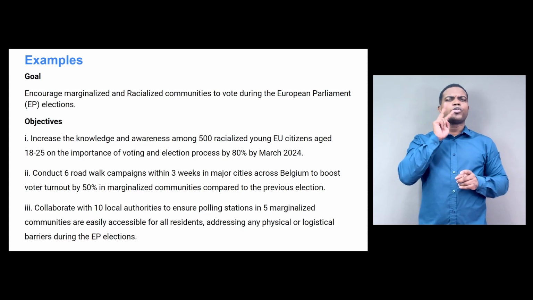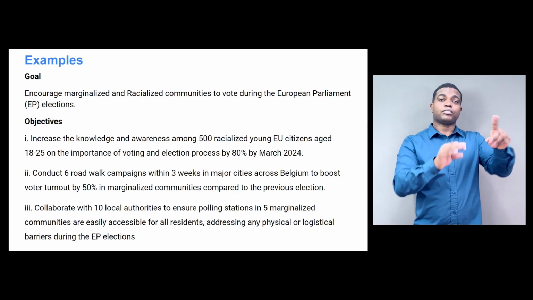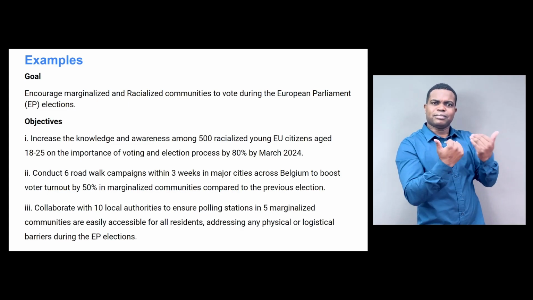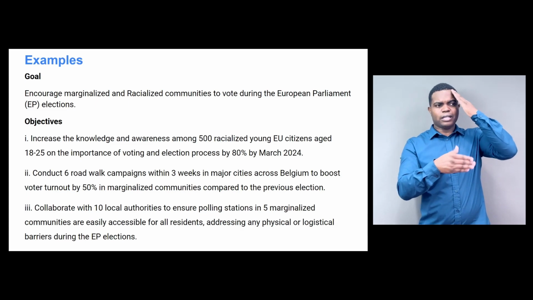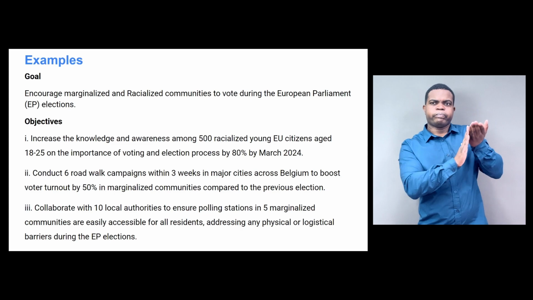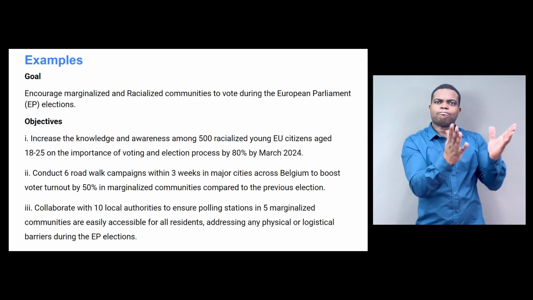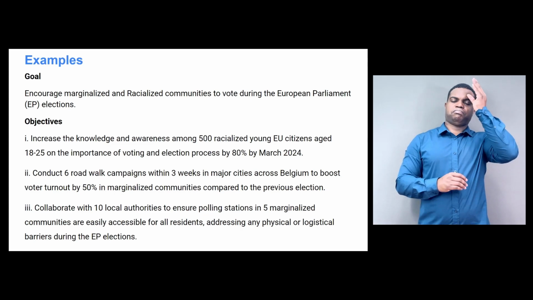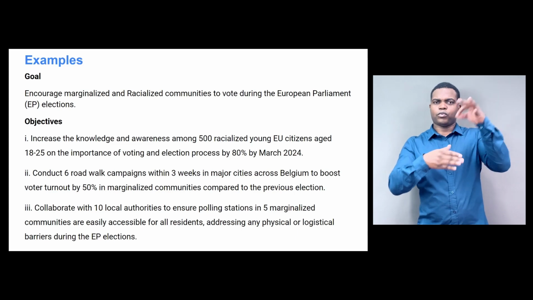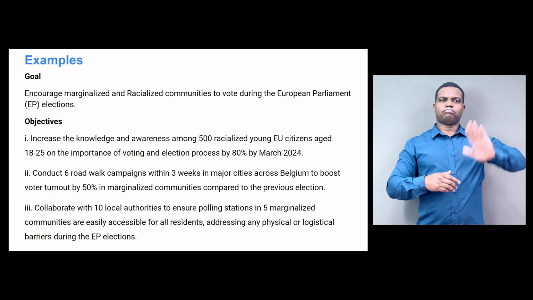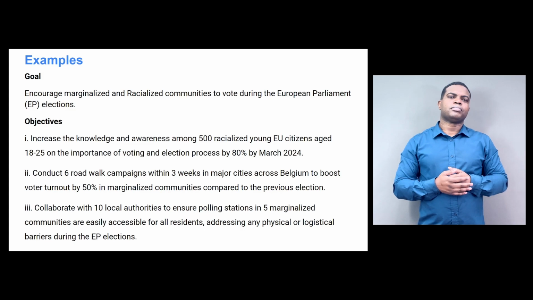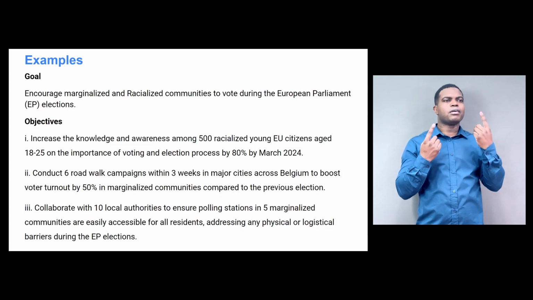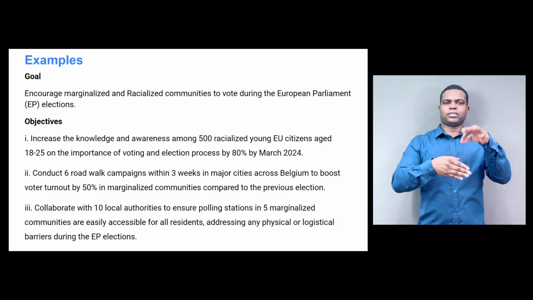So looking at the overall goal, which is to encourage marginalized and racialized communities to vote during the EP election, if you are increasing their knowledge and awareness, it will encourage them, because by the end of whatever initiative you are doing to increase their knowledge, by the end of that training, they would be encouraged to vote, because they now understand the importance of voting and the election process.